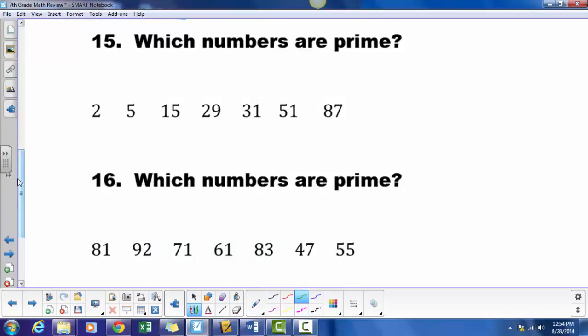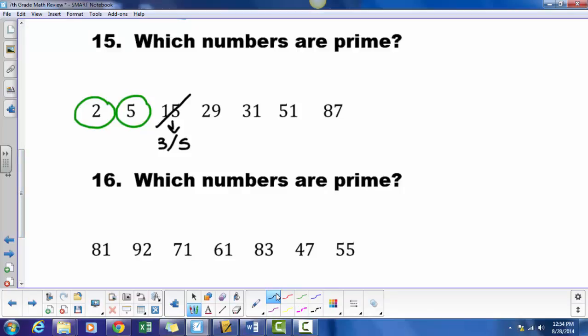All right. We're also going to talk about prime numbers. Which numbers are prime? Prime numbers only have 2 factors, 1 and itself. So 2 is only divisible by 1 and 2. 5 is only divisible by 1 and 5.